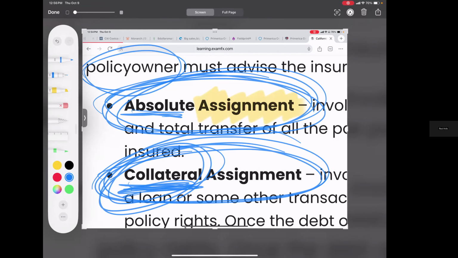And I'm like, all right, let's do it. Now I'm going to give you absolute assignment of the policy, and you are now the owner. So if I die, you get 500,000, and you paid $200,000 to me, so you bought me out. You see what I mean? So that's an absolute assignment. Got it? That's going to be on the test, so look out for that.